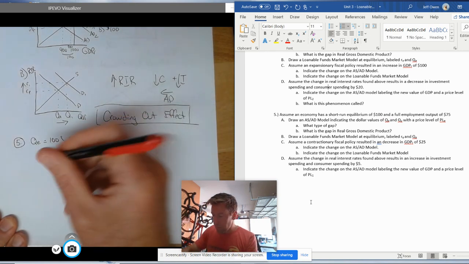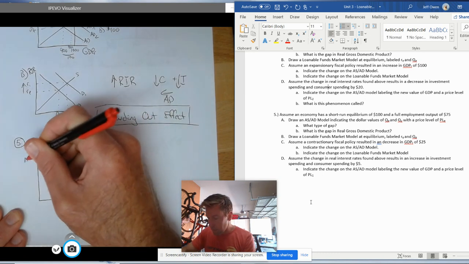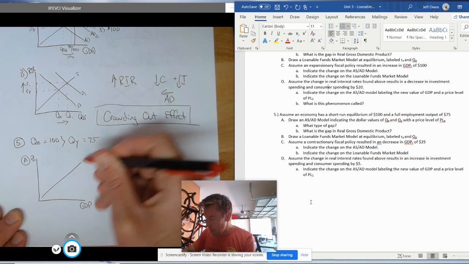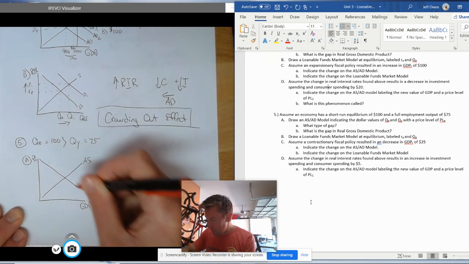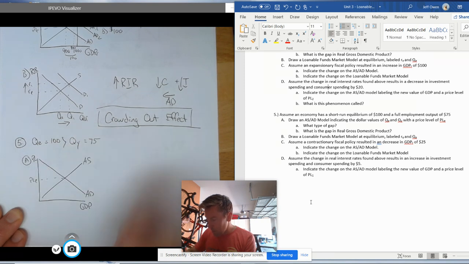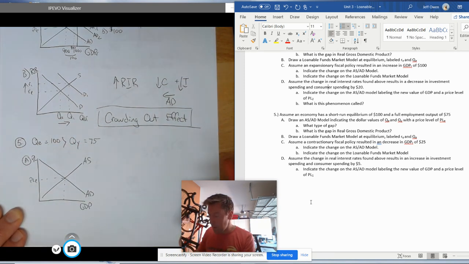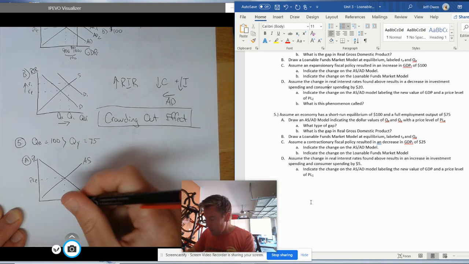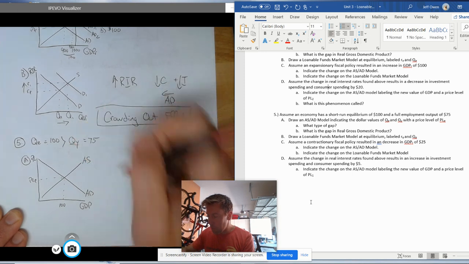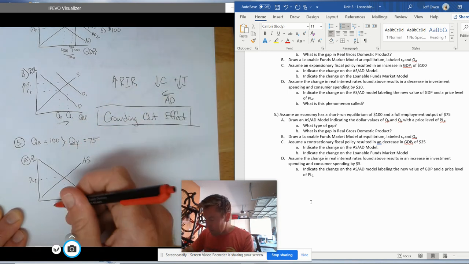If I'm supposed to draw that out, I get my AS-AD model right here. This is number A: price level, GDP, AS, AD. This is my price level at equilibrium. My QE, my current output, my short-run equilibrium is 100. My full employment output, what my economy should be producing, is 75.